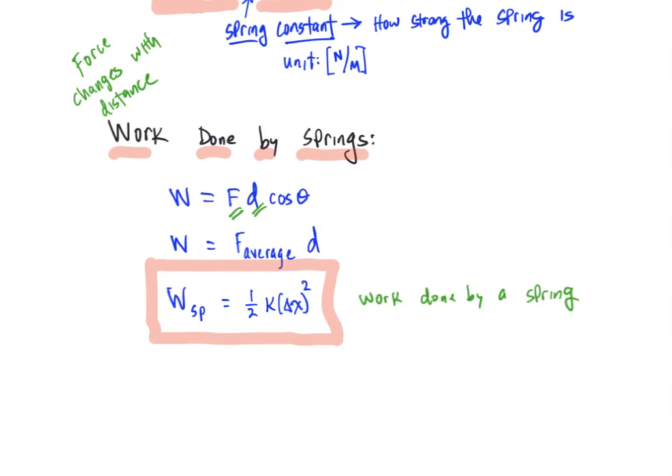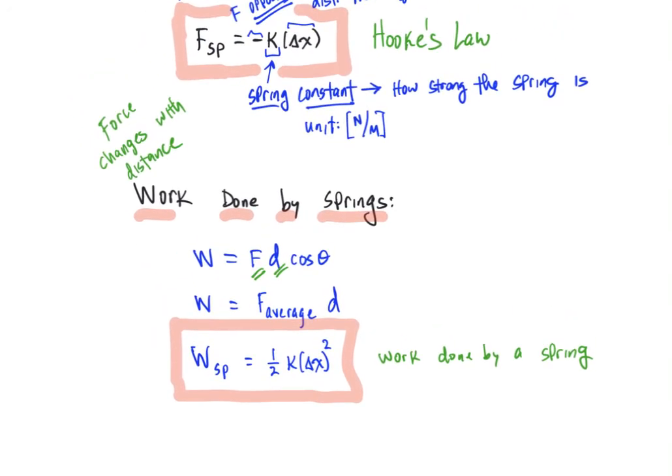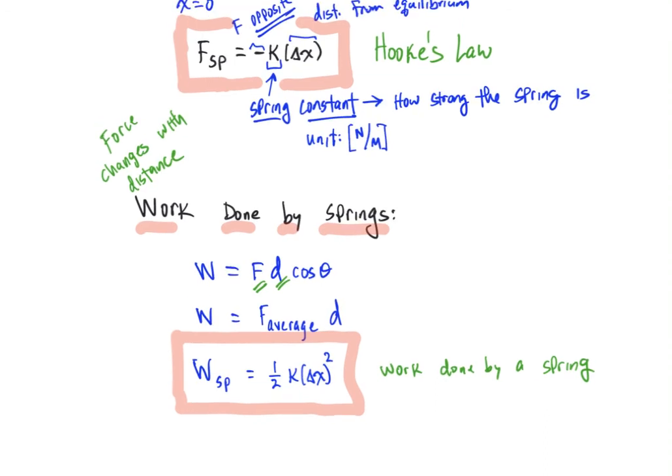It's the same k as we had up here. Same k, spring constant. And now this equation will allow us to calculate the work done by a spring. I hope that makes sense. You'll have an opportunity to practice using both of these equations, both this Hooke's law equation up here and this work done by a spring equation on the next problem set.